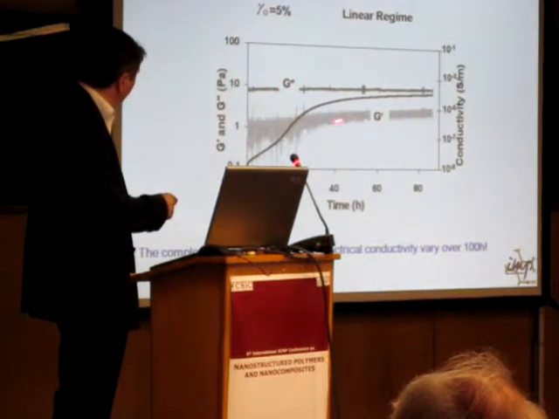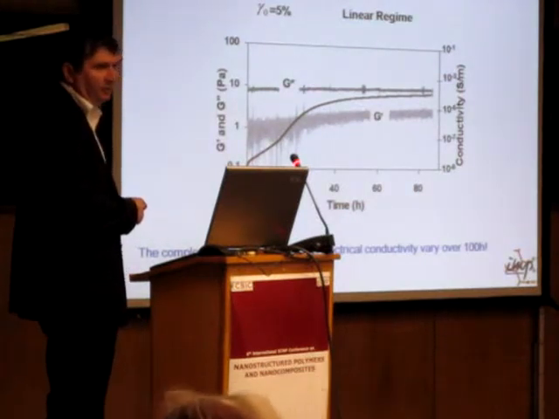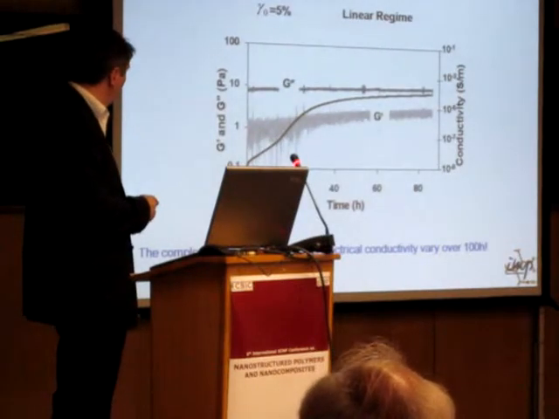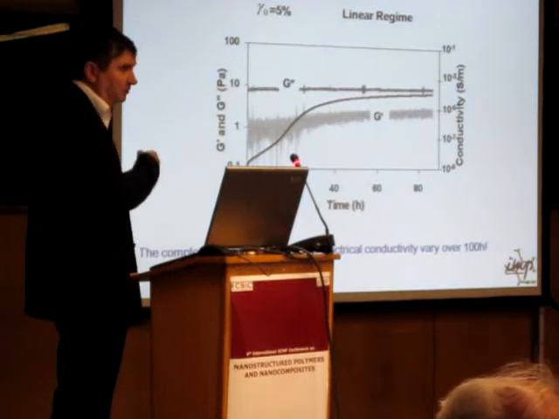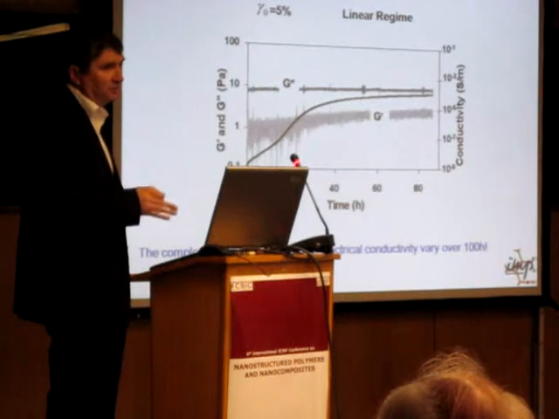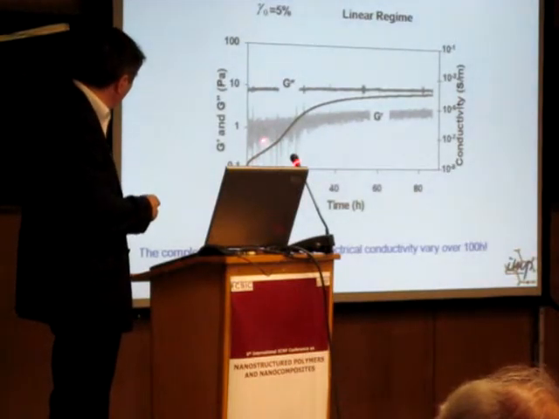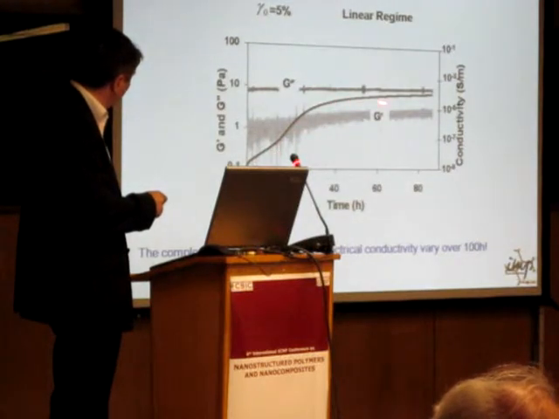And we have a strong variation of the conductivity. Here we have the conductivity of the PDMS matrix. So we can admit that when I put my sample in place, I have totally destroyed the network. And we observe a structuration of the network and a variation of the conductivity from this value to this one.